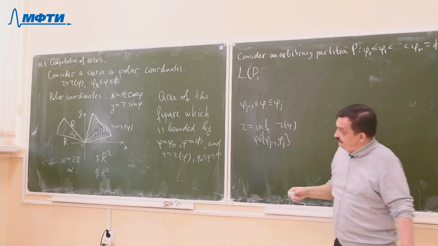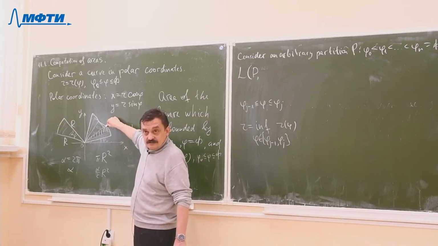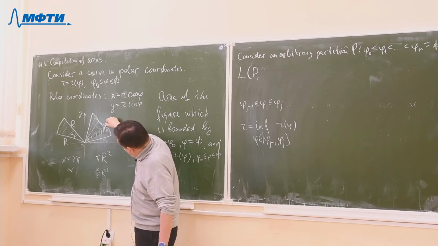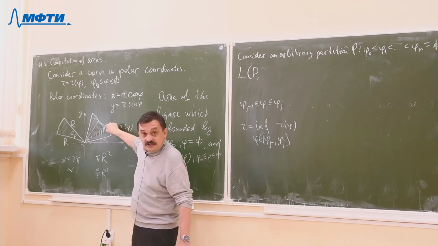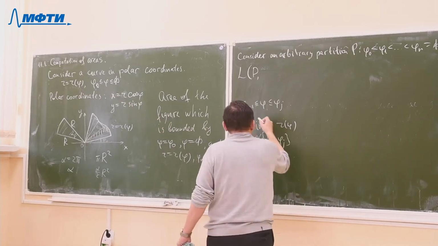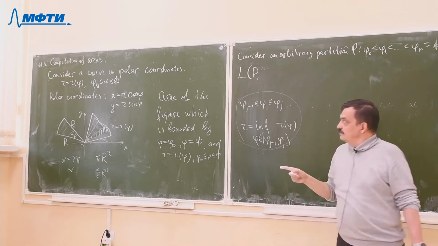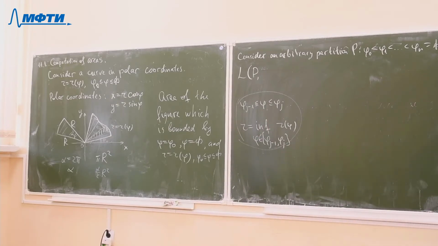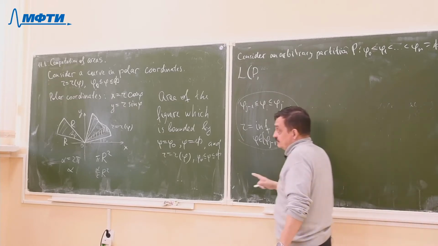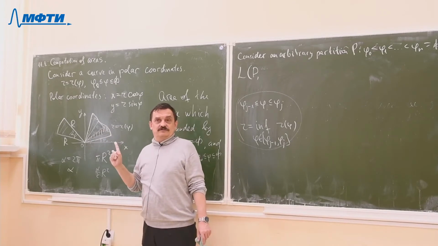So we have the minimal value of r, and we take a circle with this radius. When we consider this figure, that is precisely a sector, and this sector is inside our figure for sure, right?